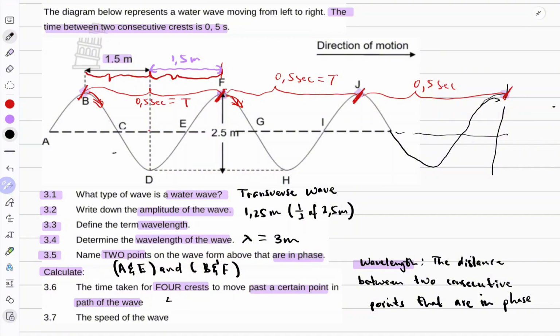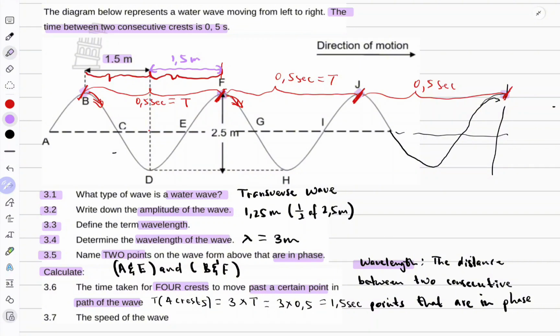So in other words, 4 crests is the same as 3 periods, 3 times T. The time taken for 4 crests is the same as 3 periods, as we have seen, which is 3 times 0.5, which is equal to 1.5 seconds.